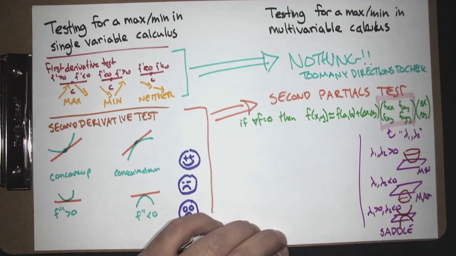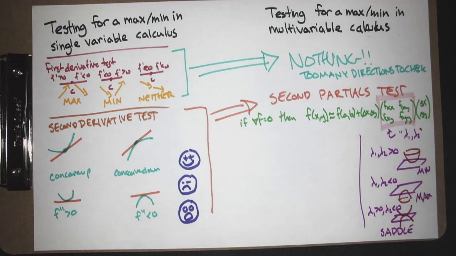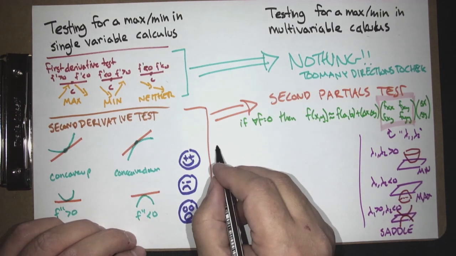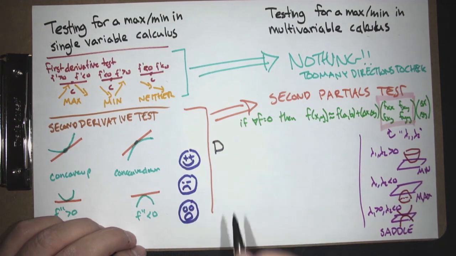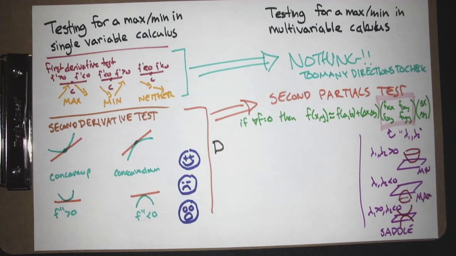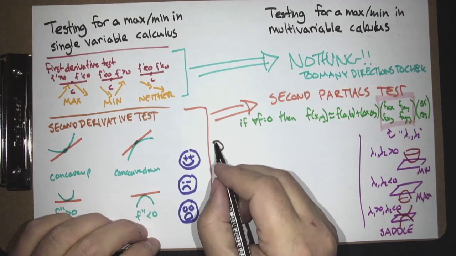Now, how do we figure out these cases? Well, the good news is you can find out what happens if you multiply lambda 1 times lambda 2. So there's a function which we call D. And I know we've used D before for derivative. This is now D for discriminant, or you could call it D for determinant. But it's D. We have to recycle.